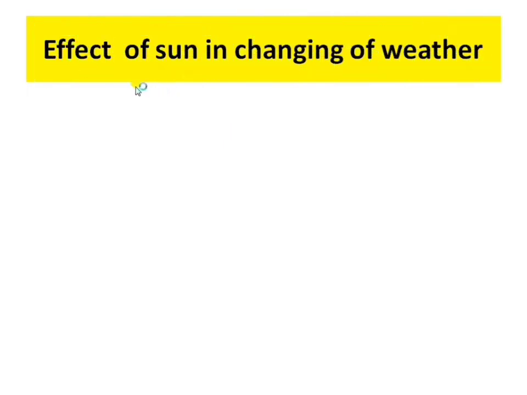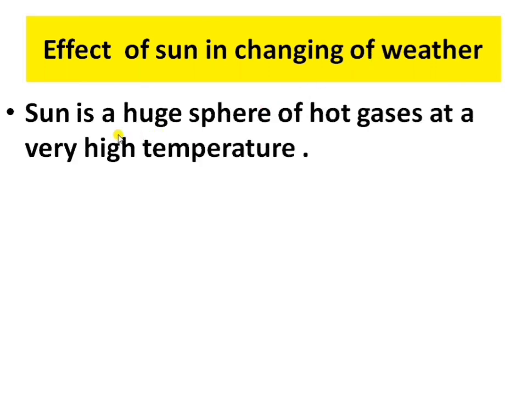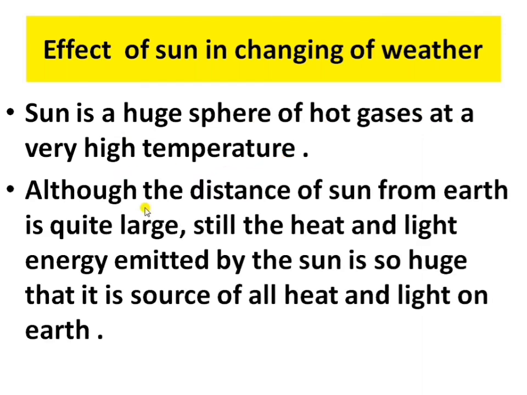Now we are going to study the effects of the sun in changing the weather. The sun is a huge sphere of hot gases at a very high temperature. Although the distance of the sun from the earth is quite large, the heat and light energy emitted by the sun is so huge that it is the source of all heat and light on the earth.